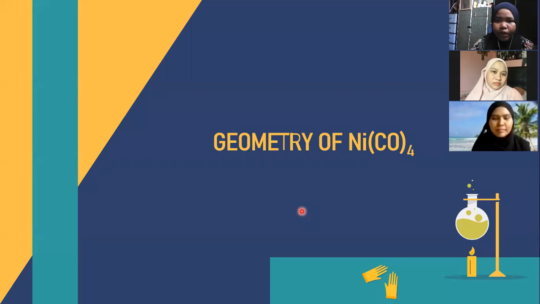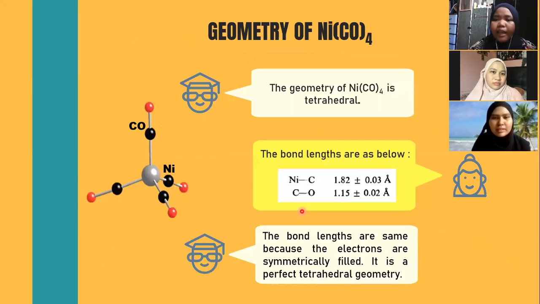Next, we continue with the geometry of NiCO4. As I mentioned before, the geometry of NiCO4 is tetrahedral, and the bond lengths are as shown below. The nickel to carbon bond length is 1.82 plus minus 0.03 angstrom, and the C to O bond length is 1.15 plus minus 0.02 angstrom. The bond lengths are the same. Why are they the same?